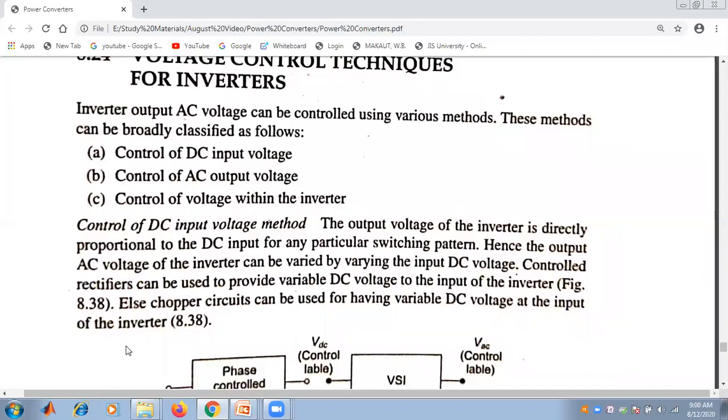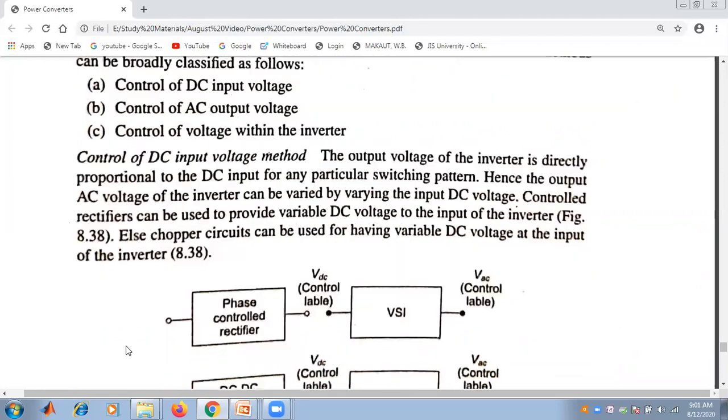So the output AC voltage of the inverter can be varied by varying the input DC voltage. Controlled rectifiers can be used to provide variable DC voltage to the input of the inverter.